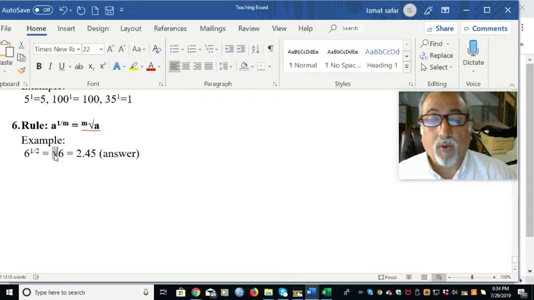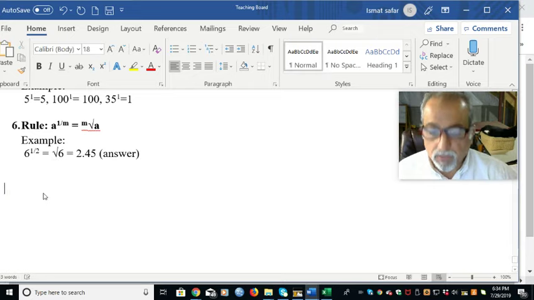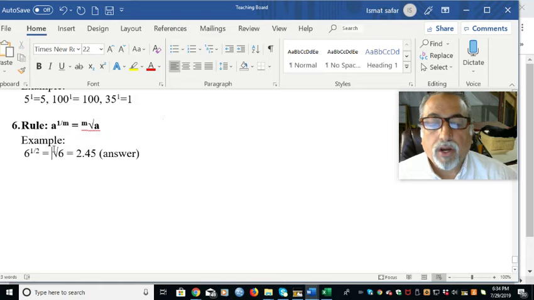When you don't have any number on the top of the square root symbol, it's always 2. So when this 2 is here, it is the square root.